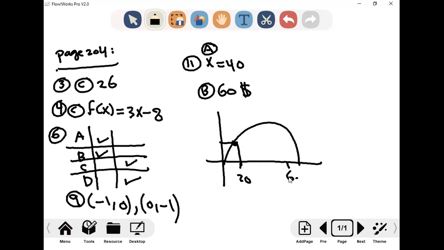If you have 60 and you go up, you will have the same amount as the 20. Use it in your book, it will be more accurate. Go to the 20 and go to the 60. They will have the same y value. Understood? Good.